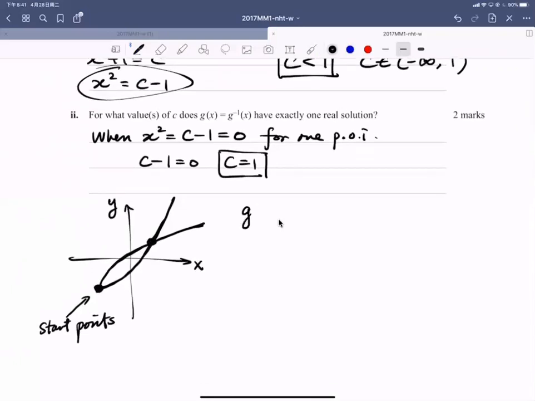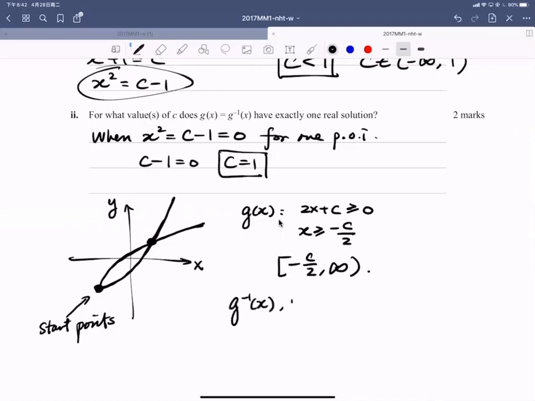For g of x, we want 2x plus c greater than or equal to 0, isn't it? So x is greater than or equal to minus c over 2. And let's write it in interval notation. For g inverse of x, the range of g equals the domain of g inverse.